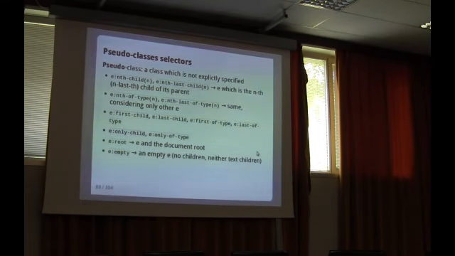There is an interesting kind of selector that acts on what are called pseudo-classes. A pseudo-class is just a class that is not explicitly defined and specified in the document. For example, the most interesting pseudo-class is the one concerning the order number of an element among its siblings.